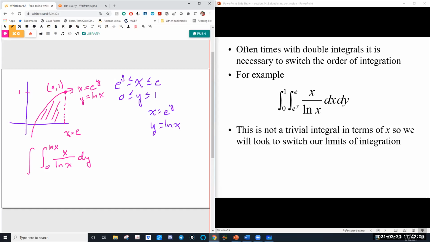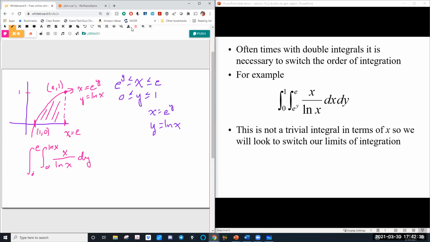Now we're going to go in terms of x. X goes out from here to here. Well, this part we know is e. Oops, that's our upper limit. Here, well, this is where the y is 0. So that's the point 1, 0, because natural log of 1 is 0. So our lower limit, sorry, that kind of looks like a 0.